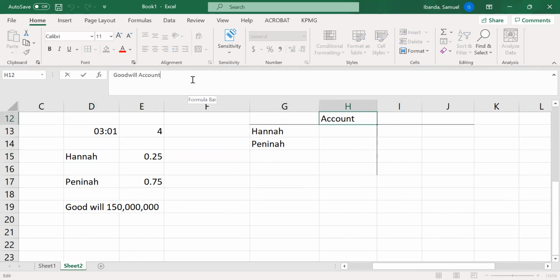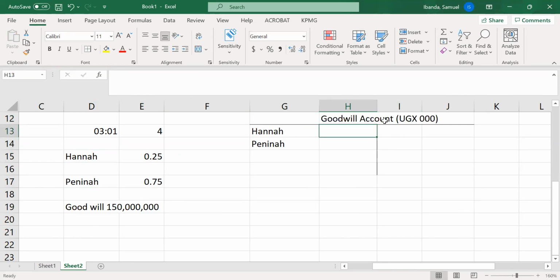So I'll put a degree of precision here, very important: 1,000. So these amounts are in 1,000. Remember, you can put it on top or you can put it here and also here. From what we've been given, it's Hannah and Penina.